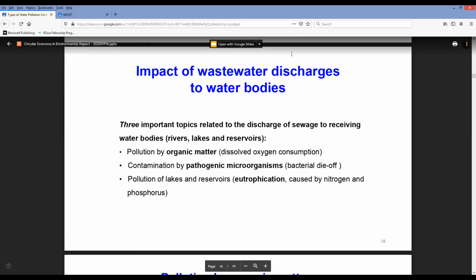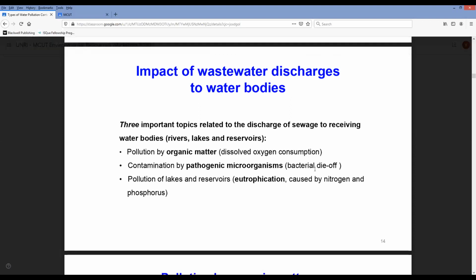The first topic is that the river or lake is polluted by organic matter. The second is contamination by pathogenic microorganisms, which means bacteria. The next one is pollution of a lake or reservoir, for example eutrophication, which is usually caused by nitrogen and phosphate. Later I will spend a little time on eutrophication. Next please.